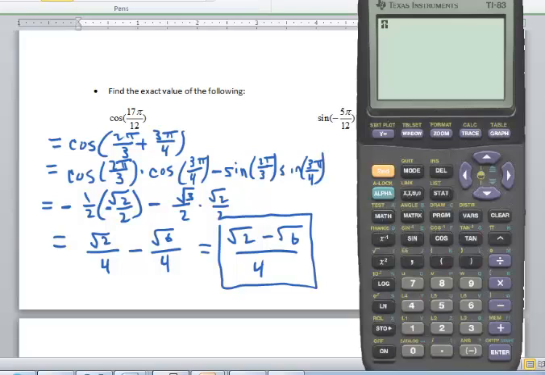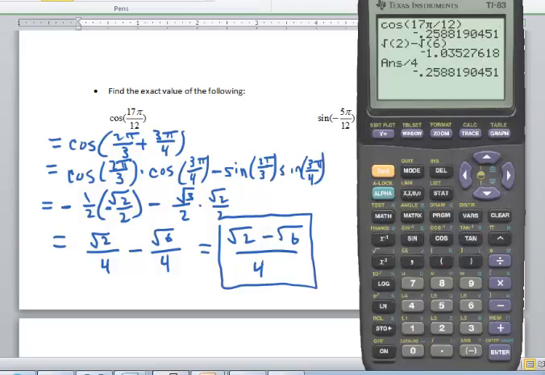Okay, and you can do a little check on this by saying, well, the cosine of 17 pi over 12 is this, and is that the same as the square root of 2 minus the square root of 6 divided by 4?